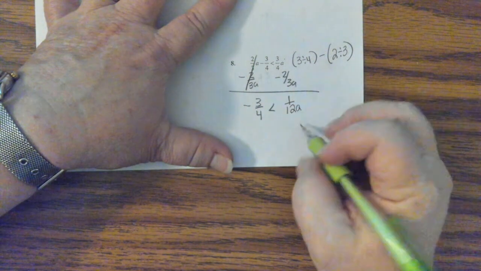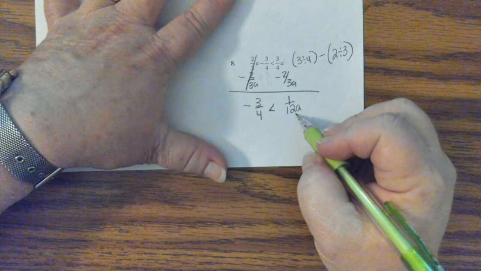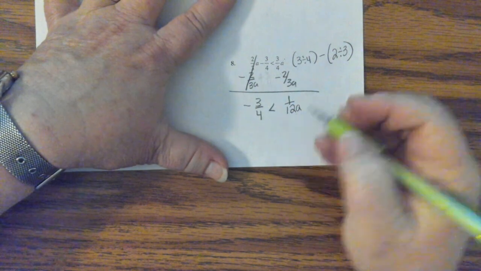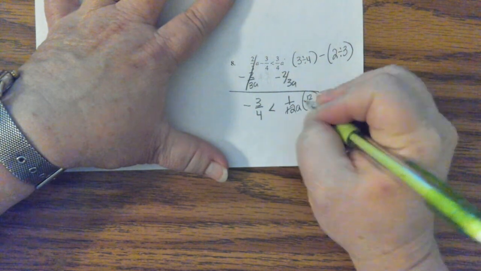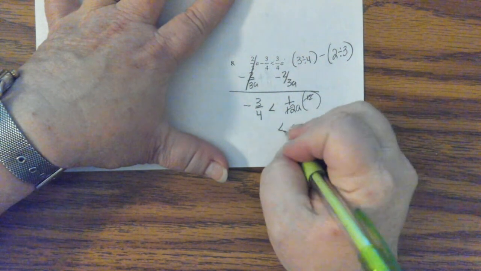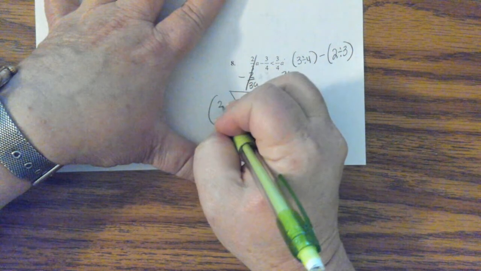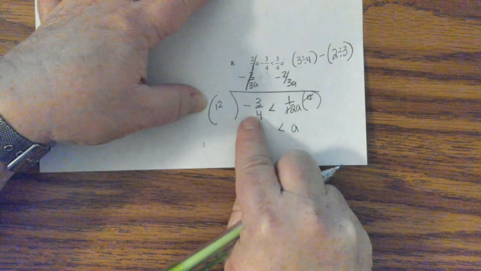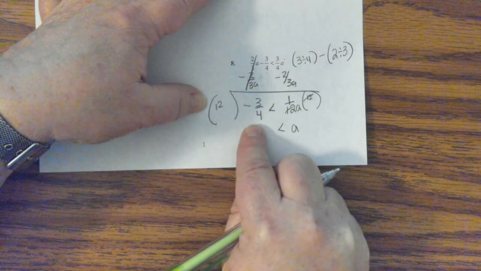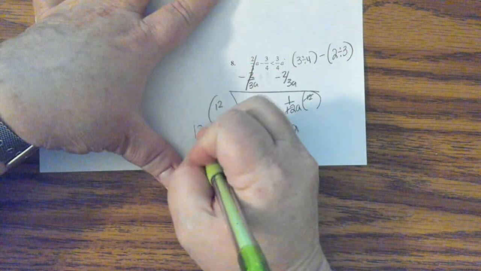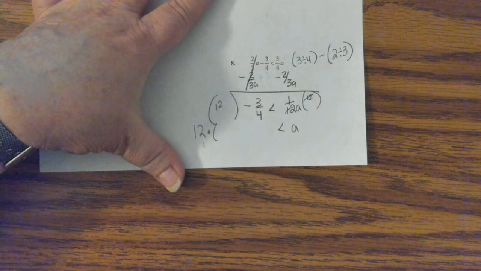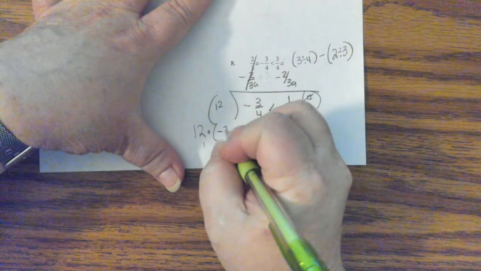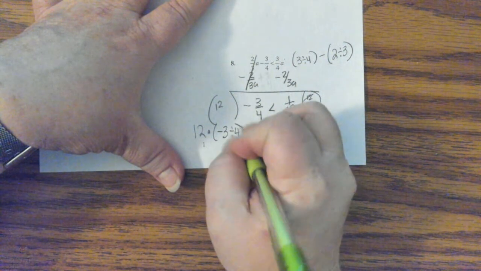Now, how do you get rid of this? Multiply the numbers. Okay. Multiply this side by 12. 12 times, put parentheses, negative 3 divided by 4, parentheses.